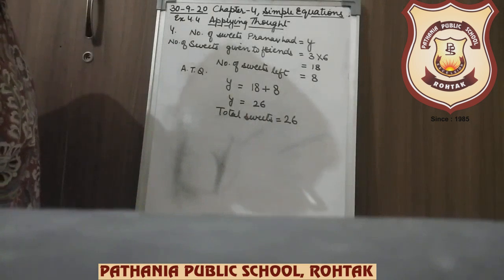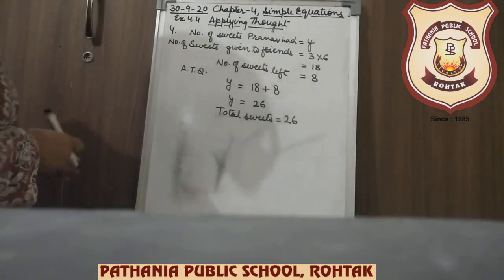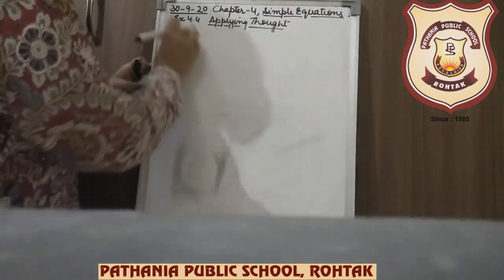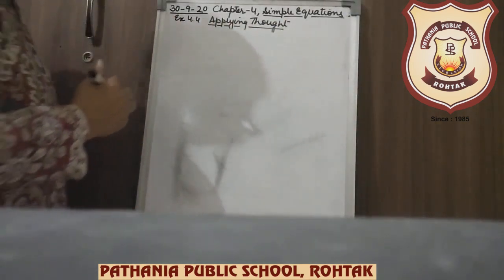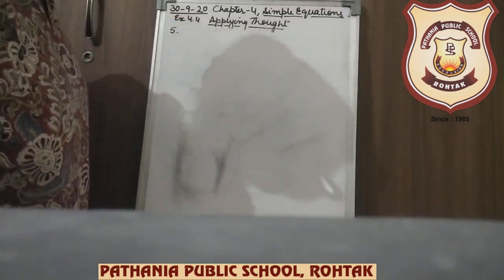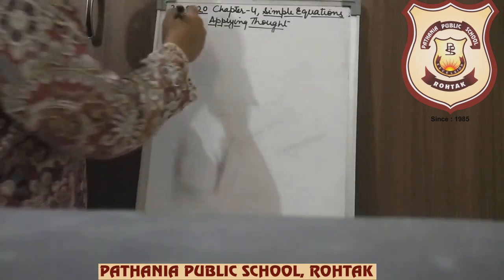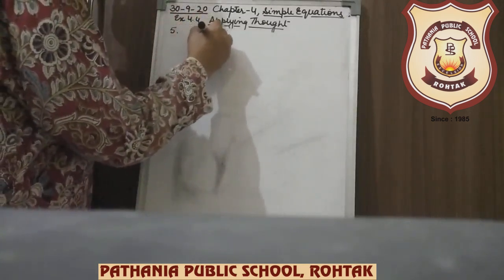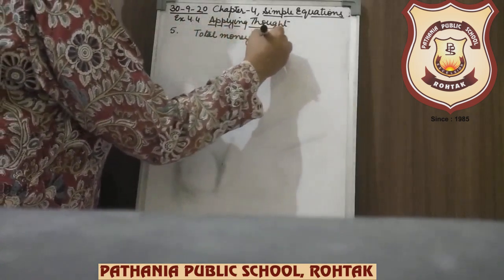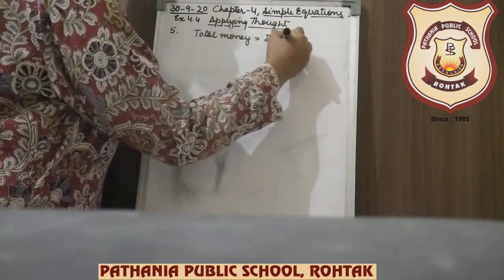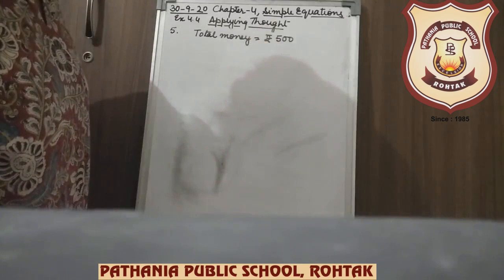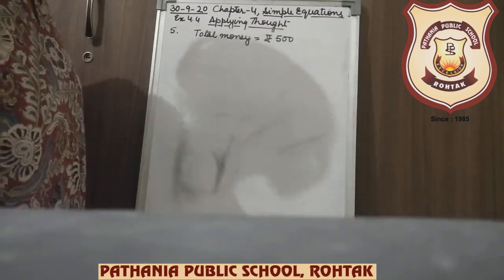Now the question number 5. Question number 5 says Aditya had 500 rupees. So total money is rupees 500. All rupee notes were of value 20.